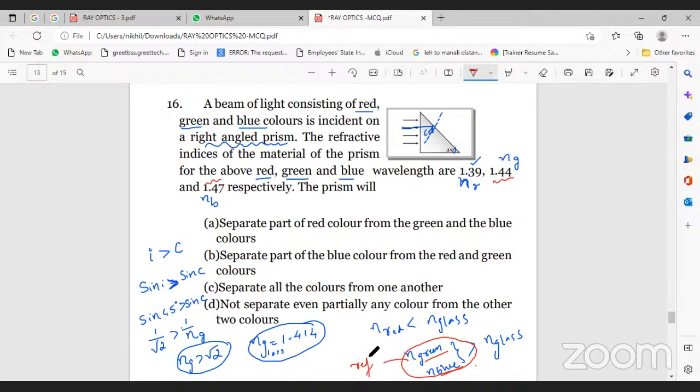So green and blue rays will get reflected. Red color gets separated because its refractive index is less than that of glass.